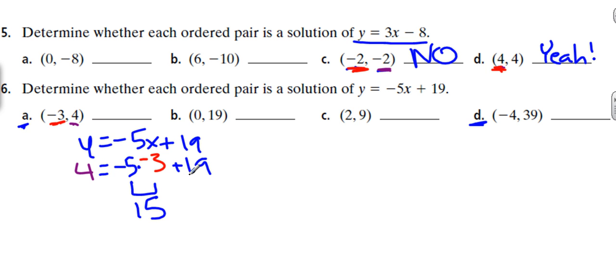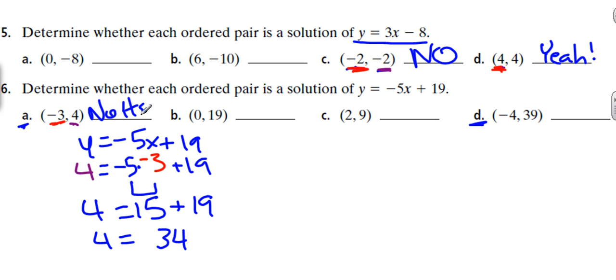A negative times a negative will always give you a positive. 15 plus 19 is 34. Does 4 equal 34? No. So is that point on the line? No, it's not.